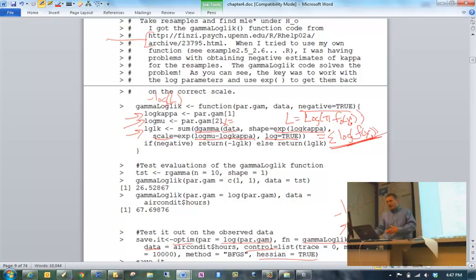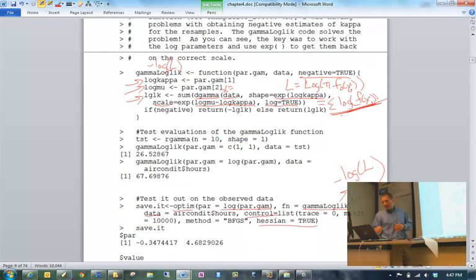Okay. So, of course, whenever you program something like this, you just test it out. So, for example, I tested it out with the method of moments estimates. See what would happen with my air conditioning data. I get a negative log likelihood function of 67.69.